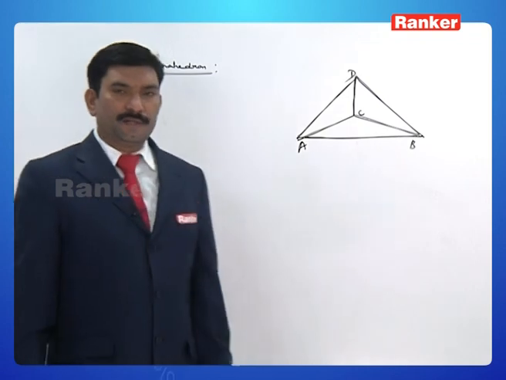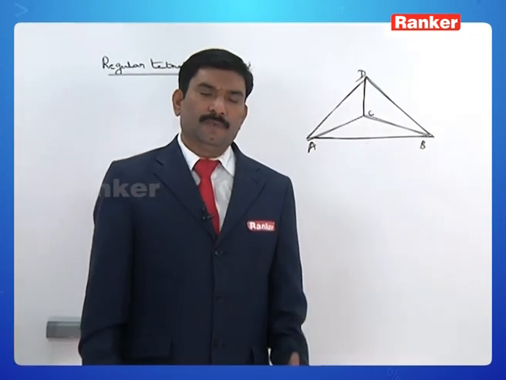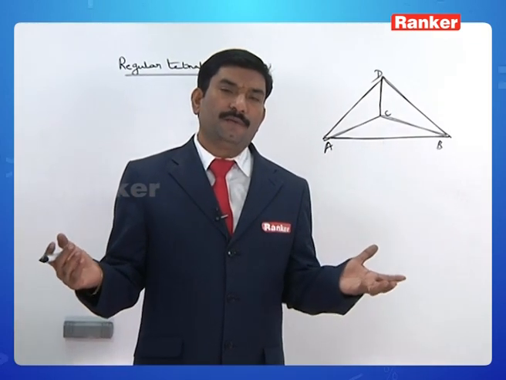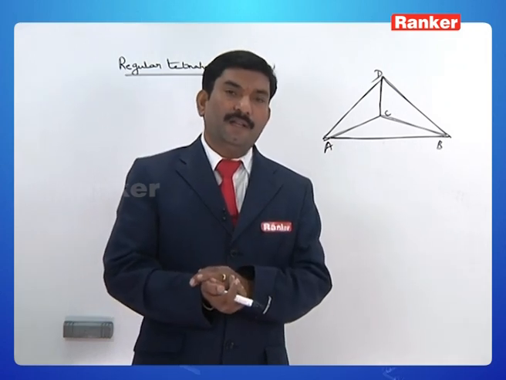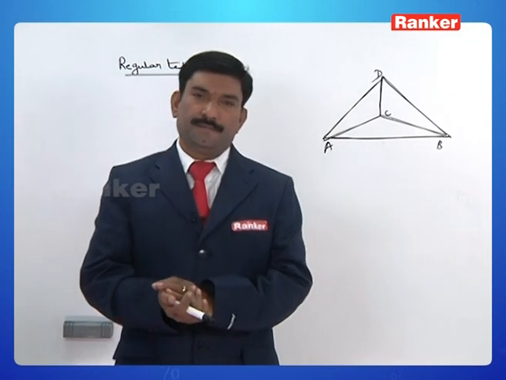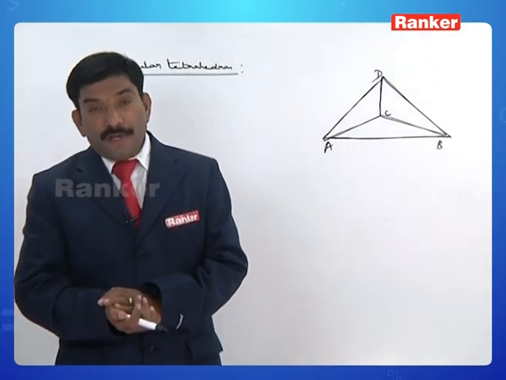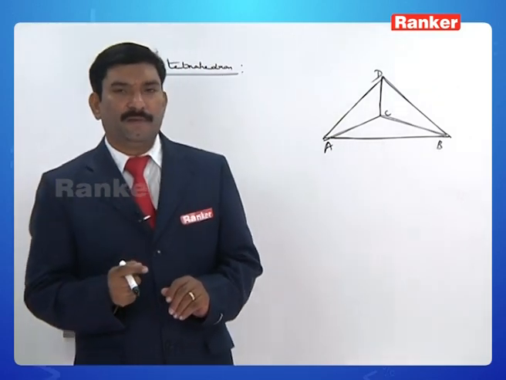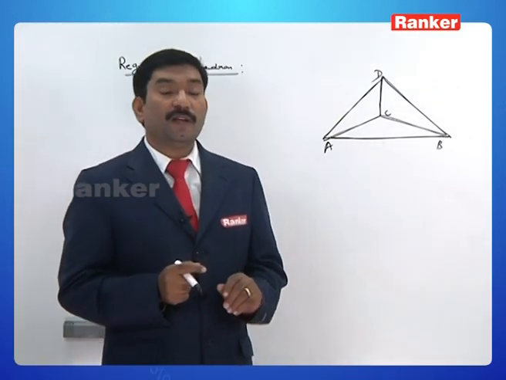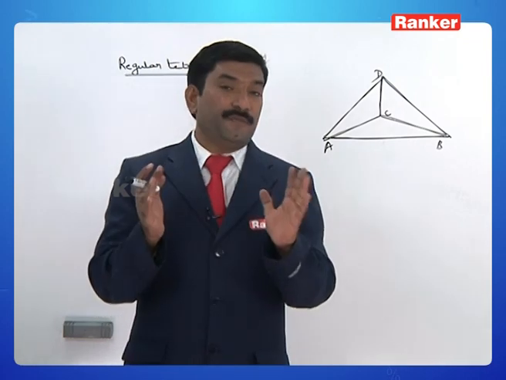Totally 6 edges are there. The lengths of all the edges are equal. And it has 4 faces. Each face is a triangle, and that too an equilateral triangle. Be careful.